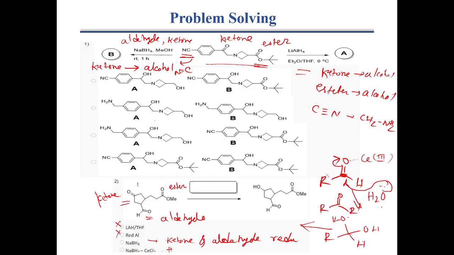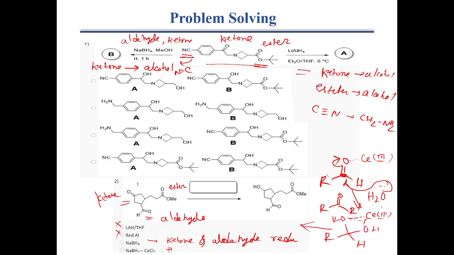And it is stabilized by the cerium complex. That's why it is stabilized, so it remains in this form in the sodium borohydride, cerium chloride combination. The aldehyde remains in the gem diol hydrate form due to its higher electrophilicity.